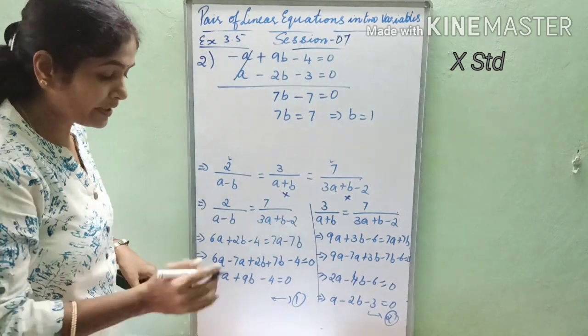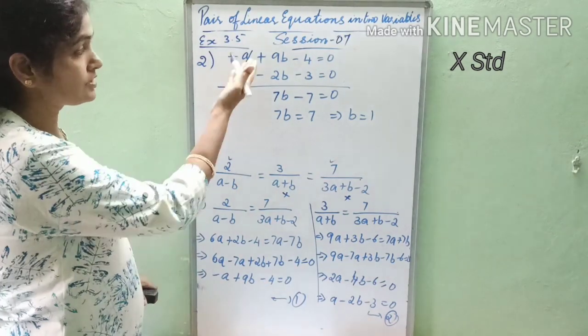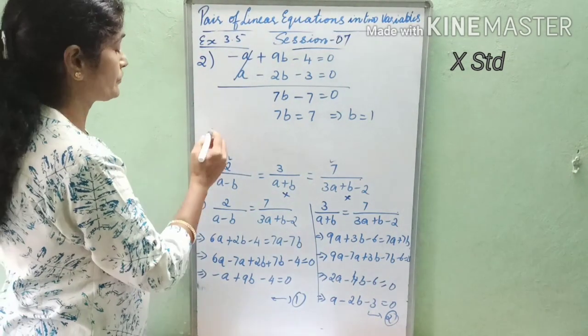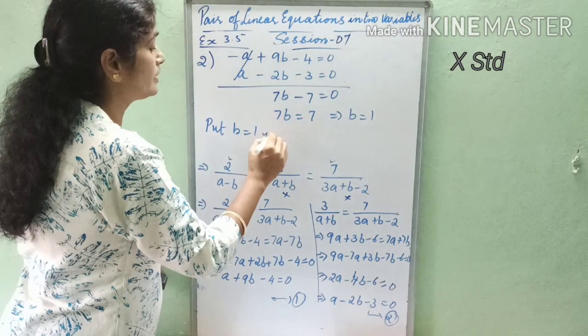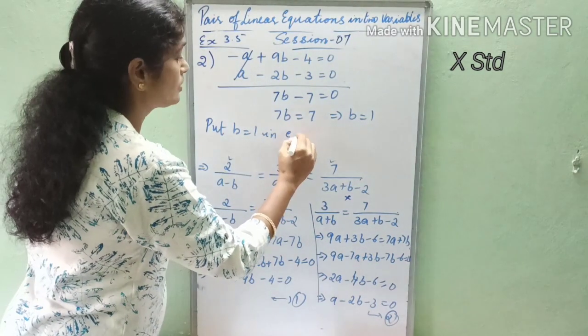Fine. b equal to 1. Once b equal to 1, you substitute in any one of these equations and find out the value of a. Therefore, put b equal to 1 in equation 1.